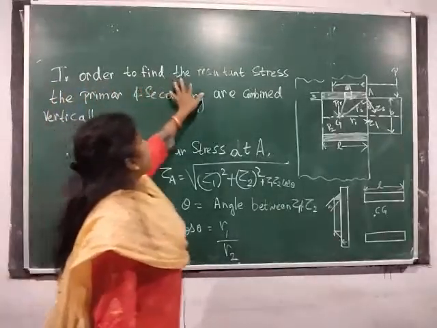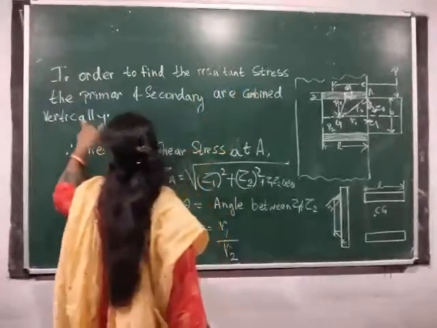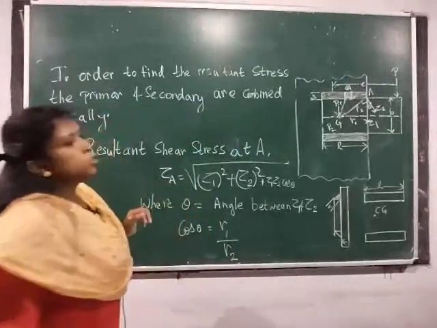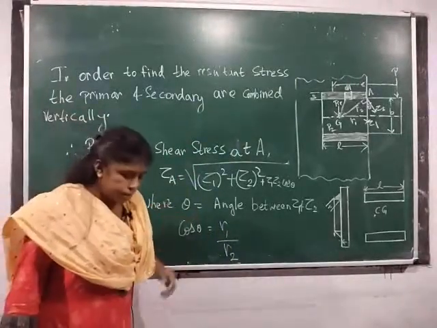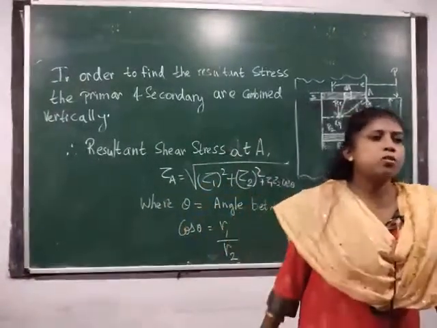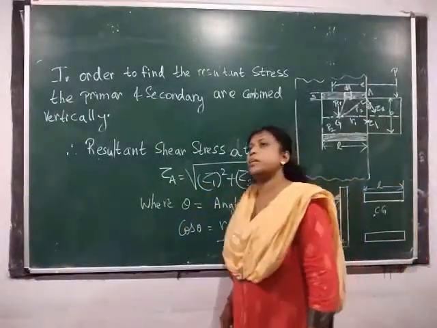In order to find the resultant stress, the primary and secondary stresses are combined vectorially. As in mechanics, the resultant R is the square root of F1 square plus F2 square plus 2 F1 F2 cos theta.